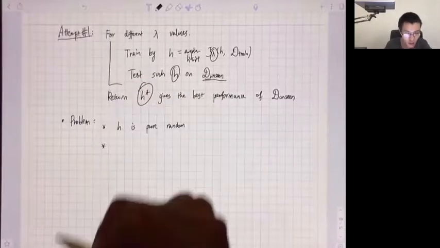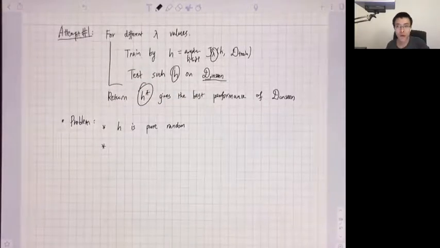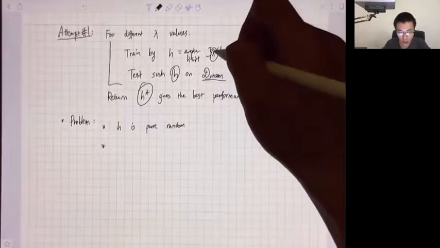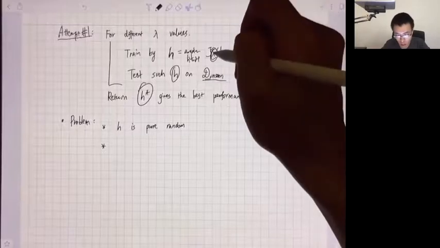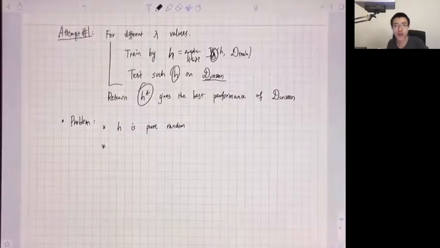Another issue is, for example, we say we are learning machine learning, so we're doing human learning, okay? So I have some hyperparameters. So h is my brain, okay? I have some hyperparameters, for example, how many hours do I spend on this course, okay? Maybe I spend 1 hour every week.